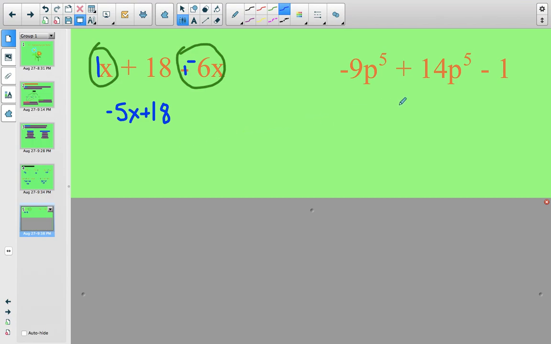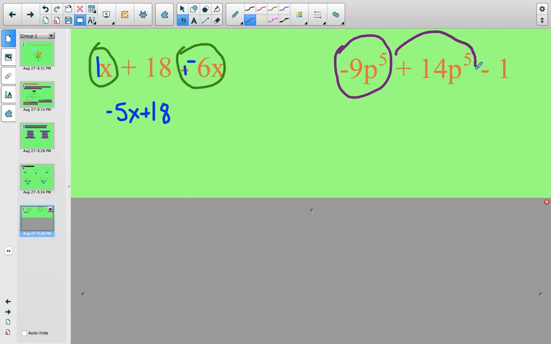Moving over to this one here, as we look through, hopefully you notice that we have like terms in negative 9p to the 5th and positive 14p to the 5th. So those are going to be the two that I will be able to combine here. So I'm going to be able to combine this one with this one.